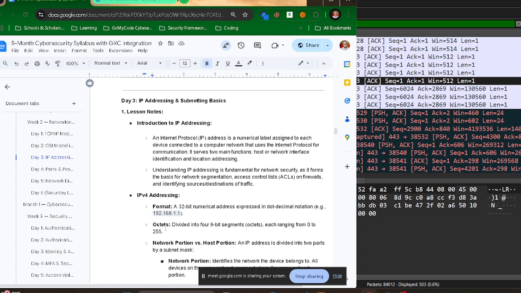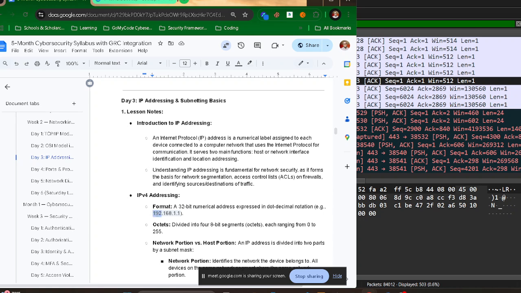Okay, so the format of the IP address. The size is usually 32 bits. I have explained the format, usually in dots. So it's usually 32 bits in total, but each part of it is 8 bits.